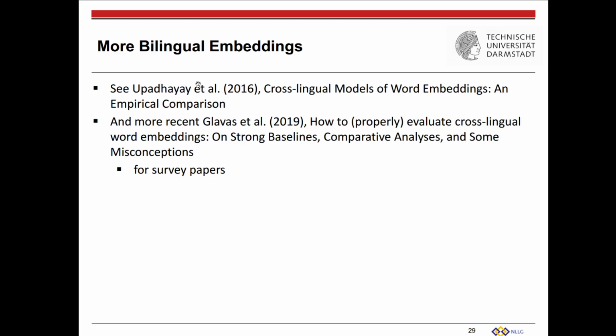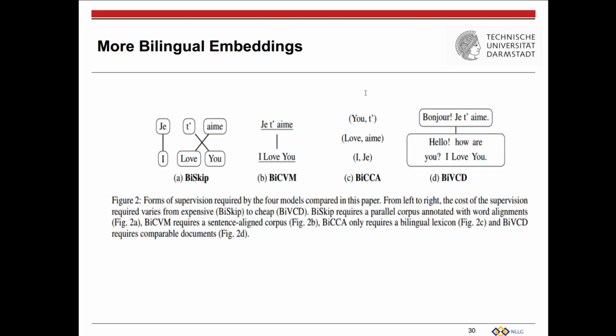But in the following description, I will talk more about this older paper from 2016, where they outline 4 different approaches that had been proposed up to then, and we will check out 2 of these approaches. That's from the 2016 paper, covering approaches proposed up to the point in time when the survey paper was published. The first one is called BiSkip.